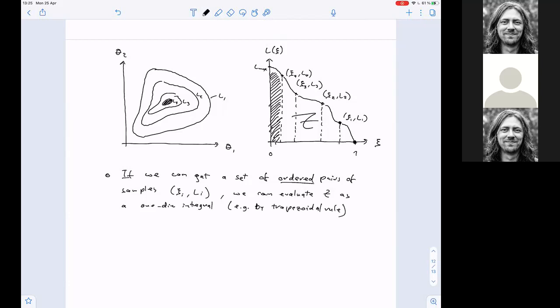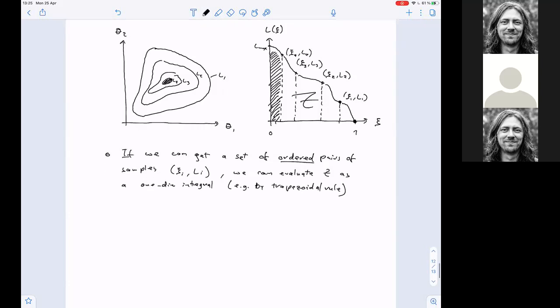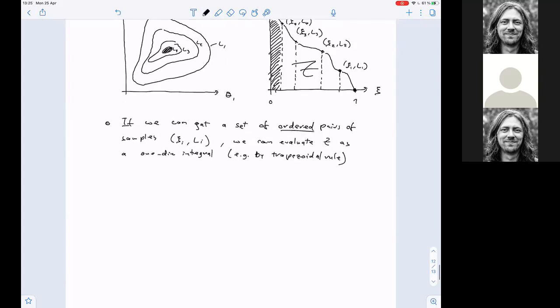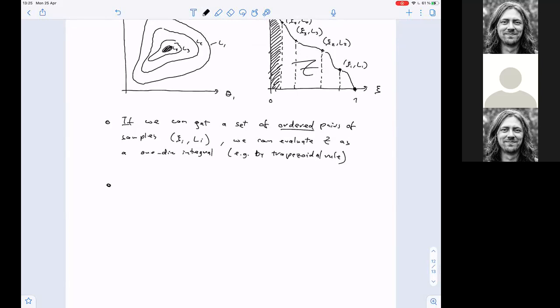The choice of integration method really doesn't matter, as that will not be the dominant uncertainty. It's trivial once you have those samples. And nested sampling is a technique to get this set of ordered samples.